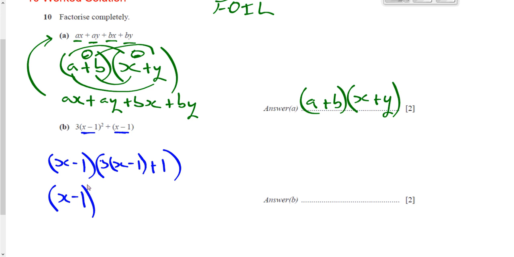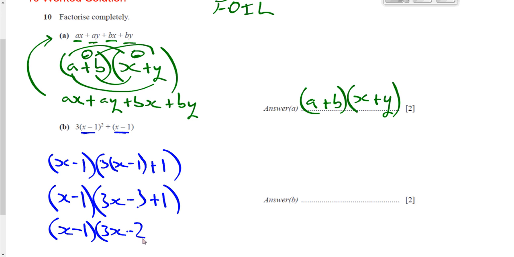So we've got our X minus 1, so this is going to be 3X minus 3, plus 1. So our final answer will be X minus 1 multiplied by 3X minus 3 plus 1, which is 3X minus 2. X minus 1 multiplied by 3X minus 2.